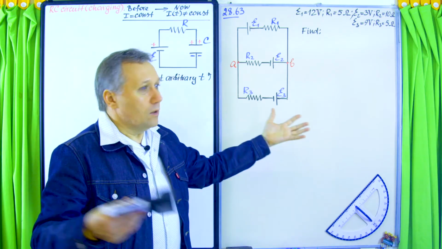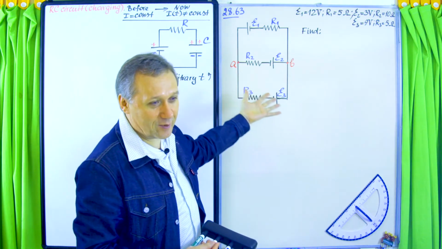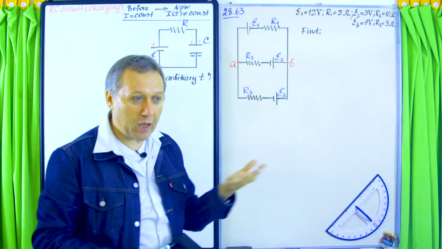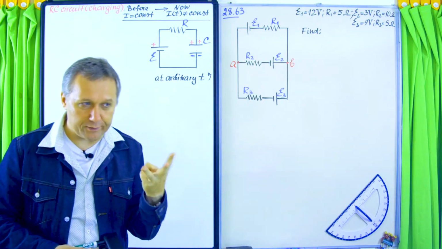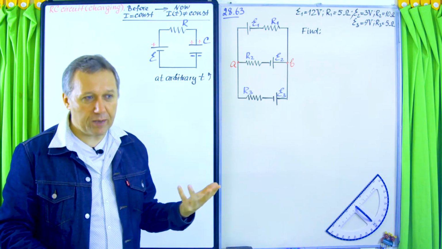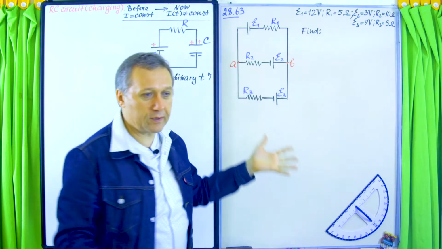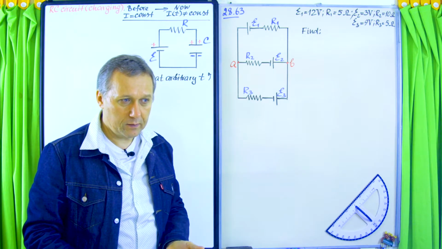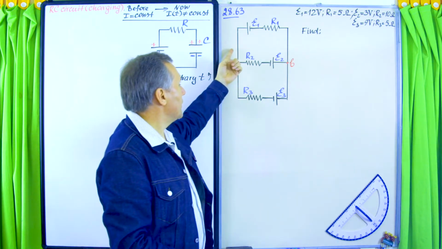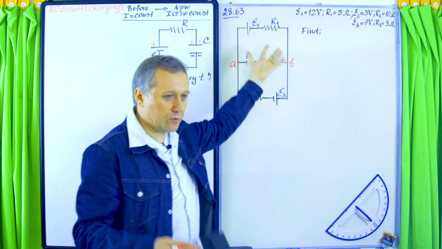Direction is difficult to tell, almost next to impossible at the very beginning without calculations, because here you have a battle of three batteries, or a battle of currents created by three batteries, EMF 1, EMF 2, EMF 3. They are going to create a mess in this circuit. So telling exactly what the direction of current is over here is next to impossible.